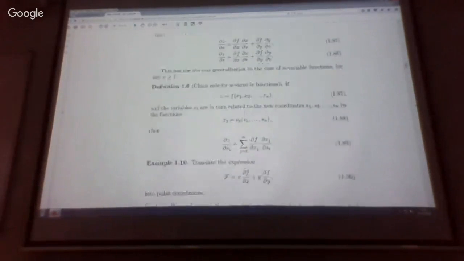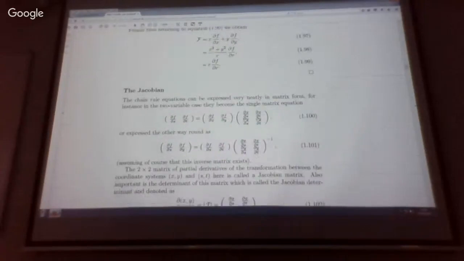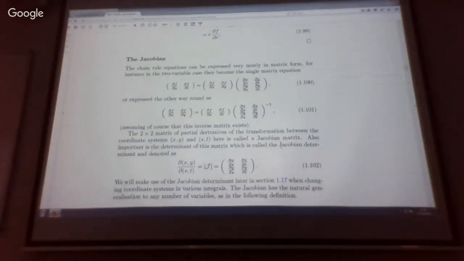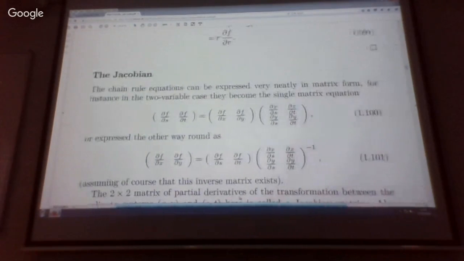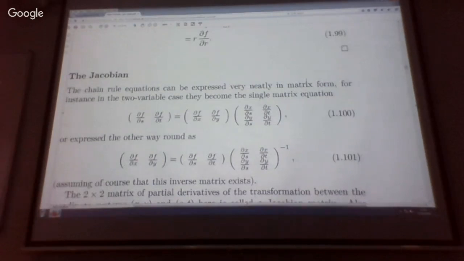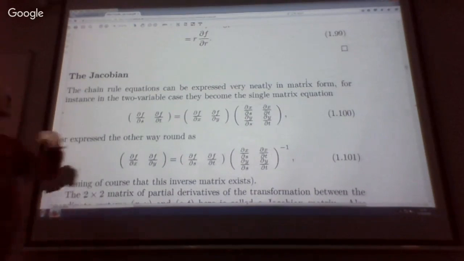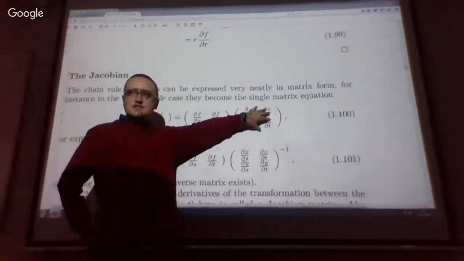Those equations there can be put into matrix form. And when you do that, we see the appearance of this special matrix which we call the Jacobian. The Jacobian matrix is the matrix of partial derivatives of one coordinate system with respect to another.